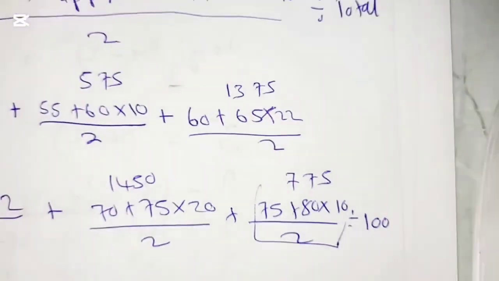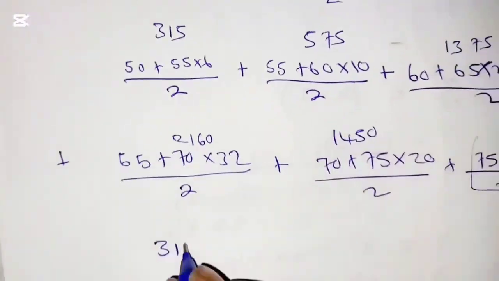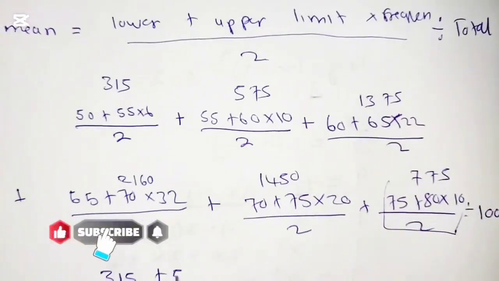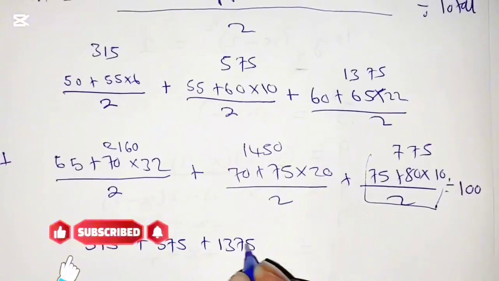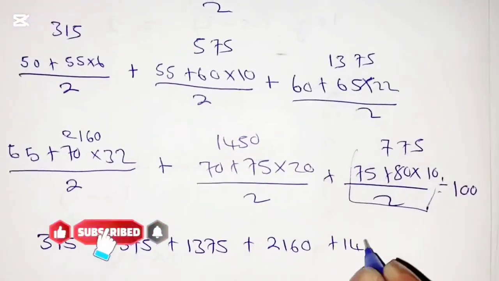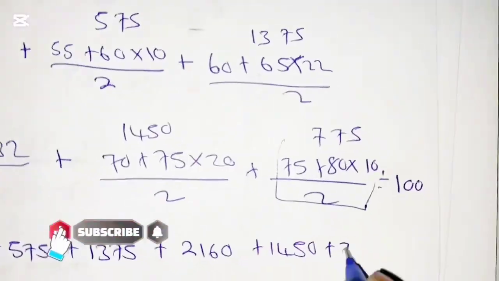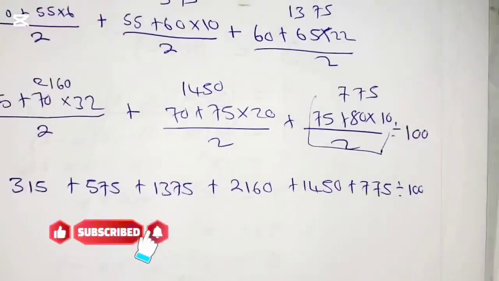Okay, so we are going to add all of it: 315 plus 575 plus 1375 plus 2160 plus 1450 plus 775, divided by 100.